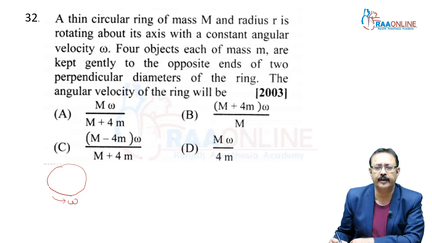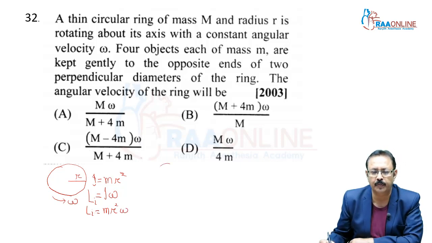If the radius of the ring was r, its moment of inertia was mr square. So its initial angular momentum was I omega, that is, mr square omega.